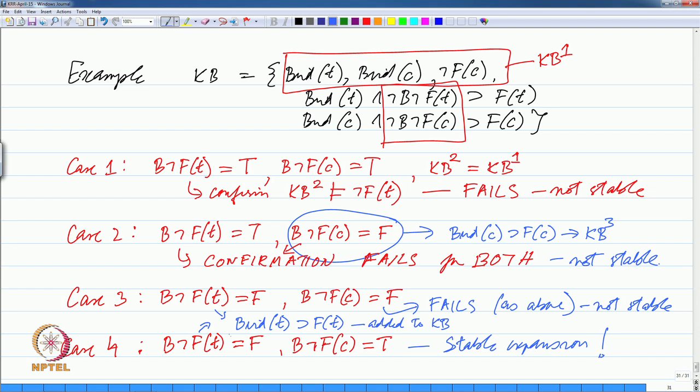And once you substitute false in the original statement, we get this statement that bird Pt implies flies Pt, and because we have bird Pt in the original knowledge base, we can now add flies Pt to the knowledge base in the stable expansion essentially, and not flies chili is anyway in the stable expansion. So, this is the only stable expansion for this thing essentially.